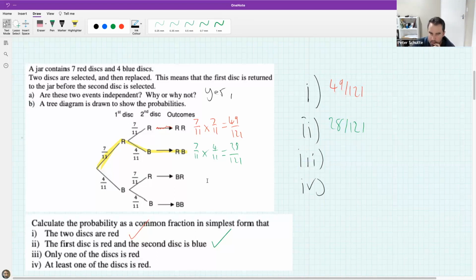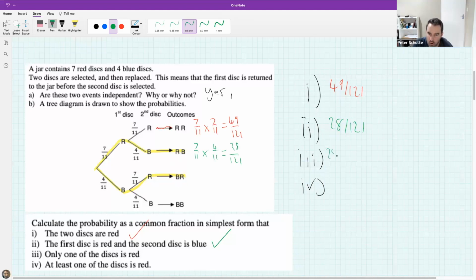What is the third one going to be? Only one of the discs is red. So if you have two outcomes that are favorable, what you need to do is add those two probabilities together, because both of these outcomes are favorable outcomes. So they both count. So we know only one of the discs is red, is either going to be red, blue, or blue, red.